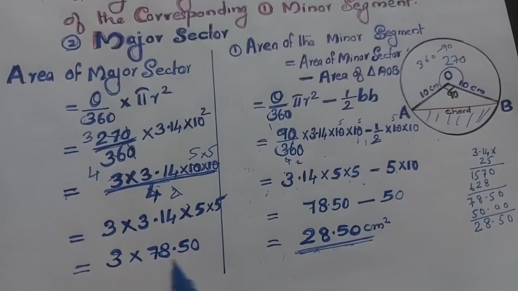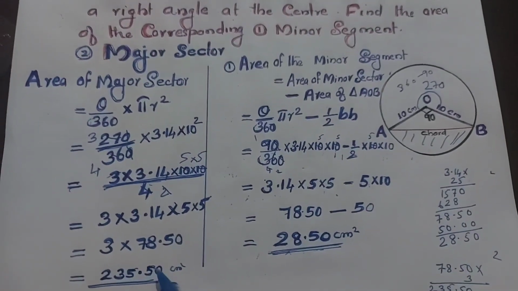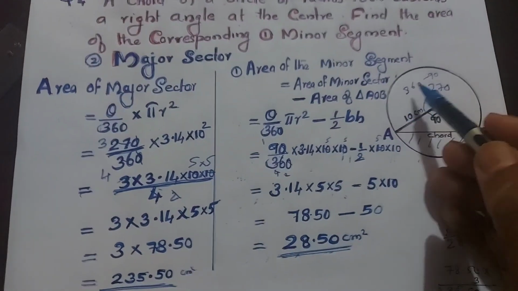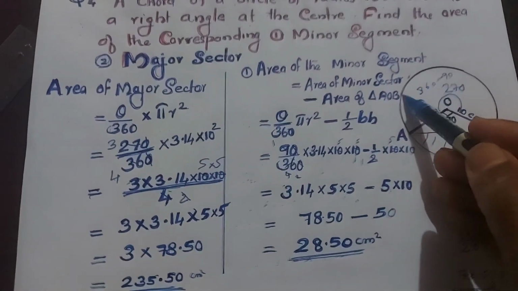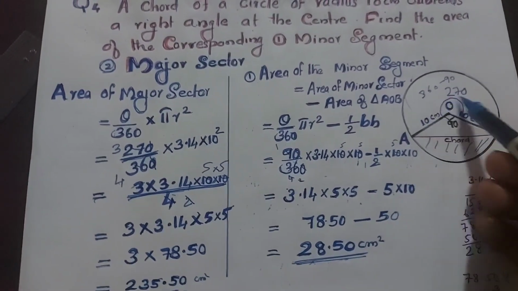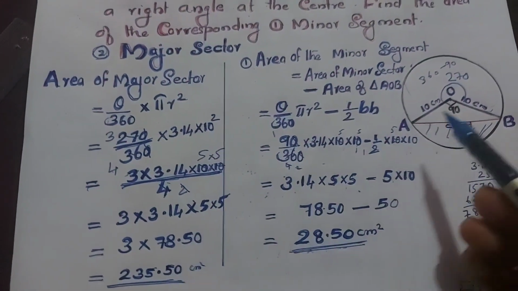So 3 into 78.50 is equal to 235.50. This is the area of the major sector. Area of the major sector is 235.50 centimeter squared.